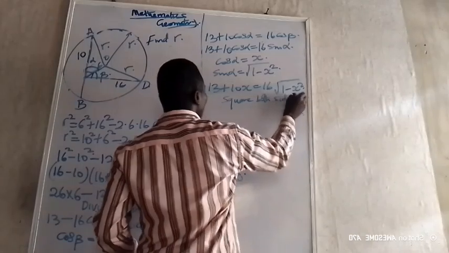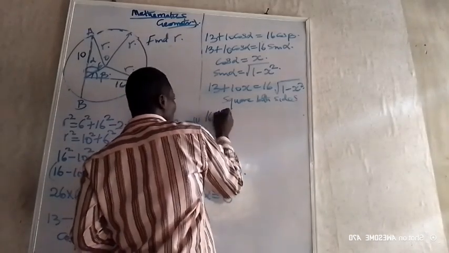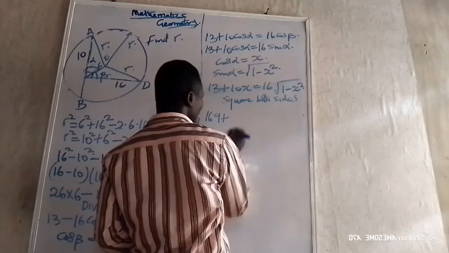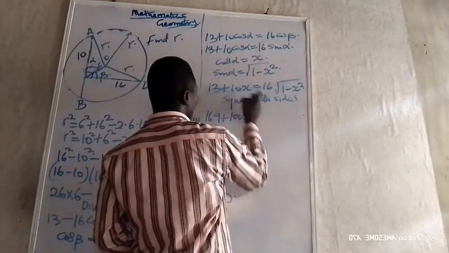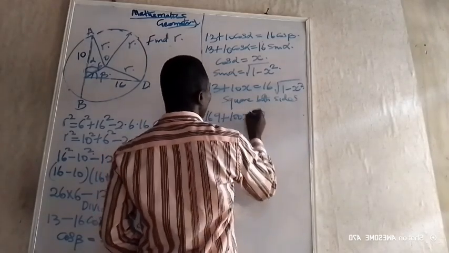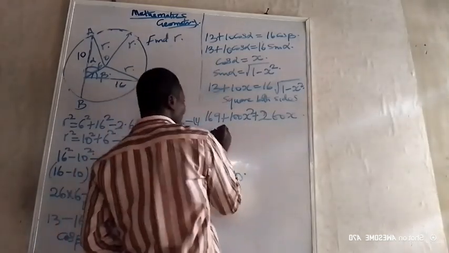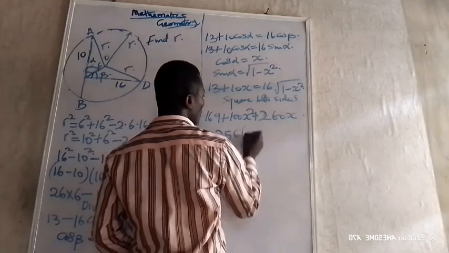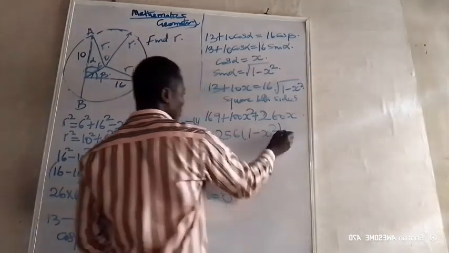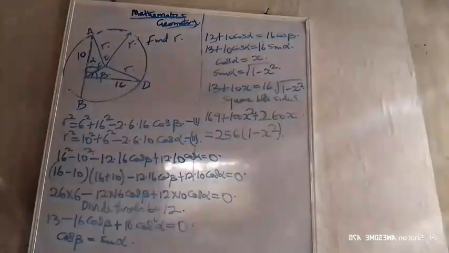So we have 169 plus 100x squared plus 260x giving us 256 into 1 minus x squared.